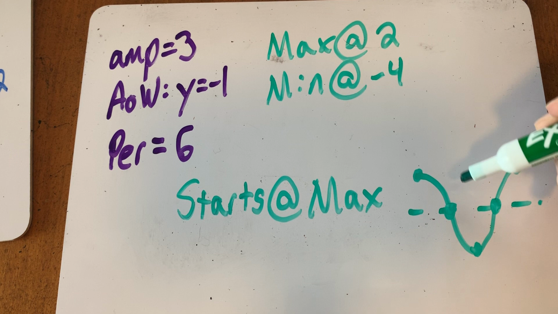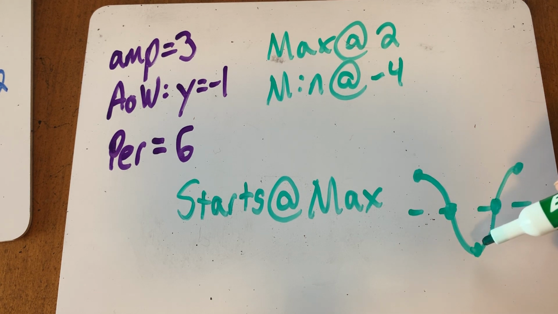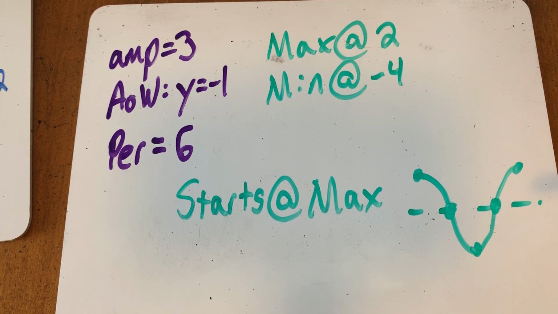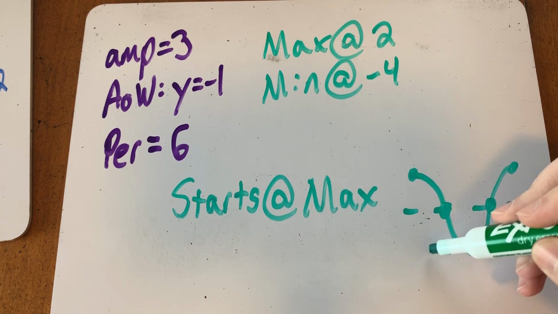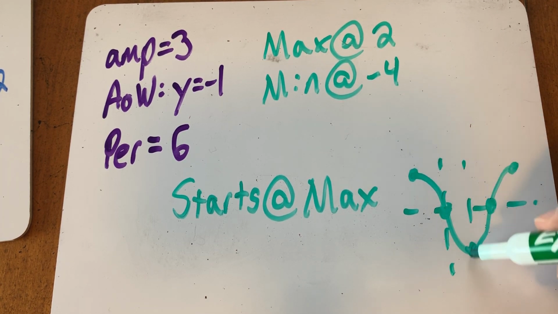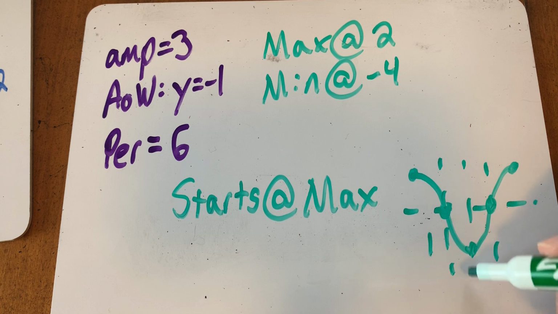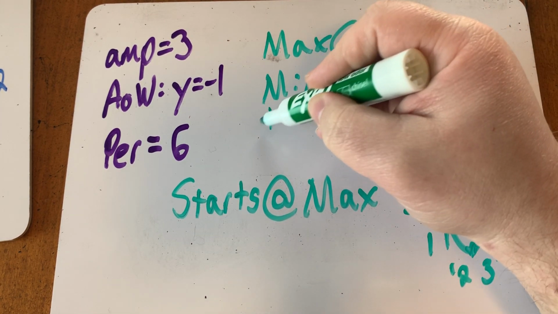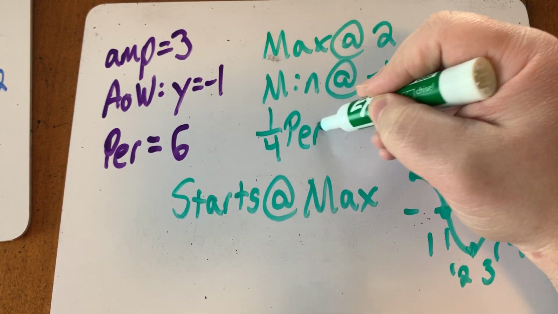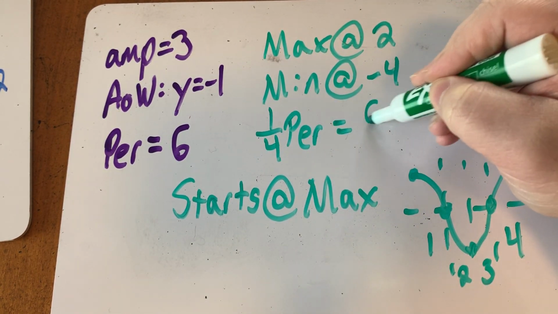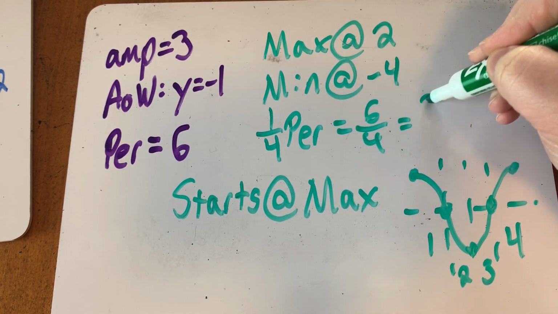It starts at the maximum, goes through the axis of the wave, then to the minimum, back through the axis of the wave, and then ending at a maximum for our first period. So this is one period, and it's broken up into four sections. Each of those sections is 1/4 of the period, which is 6 over 4, which is 3/2.